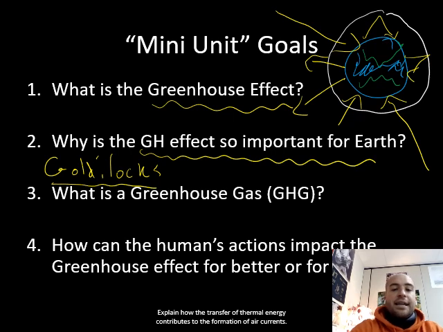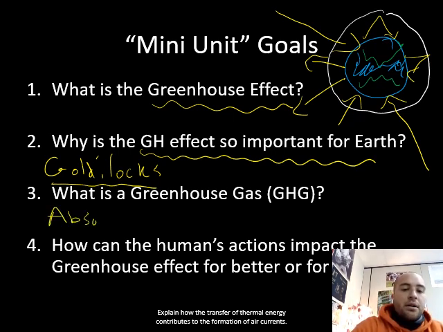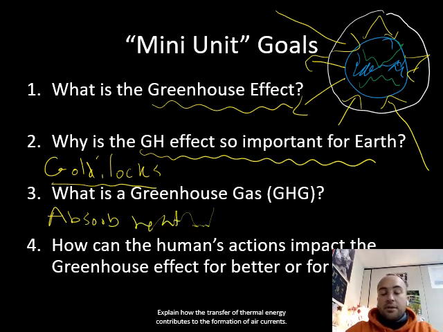So what is a greenhouse gas? Those are gases that absorb heat. If I was going to explain it in a boring way, I'd say a greenhouse gas is a gas that absorbs infrared radiation from the sun. They trap heat. And then number 4, how can humans impact the greenhouse effect for better or for worse?